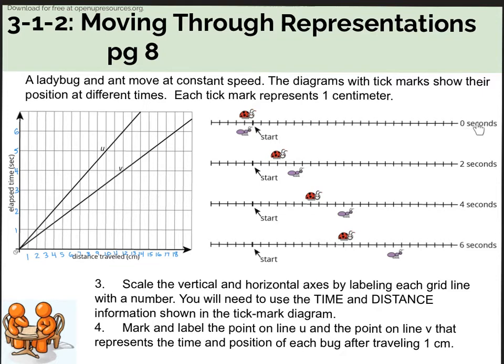I got the time from here, so we went 0, 2, 4, and then 6. So here I have it labeled, okay? And then I pulled the information from our tick mark diagram and put it on our graph. It says mark and label the point on line U and line V that represents the position after the 1 centimeter itself. So we're going to look at that.